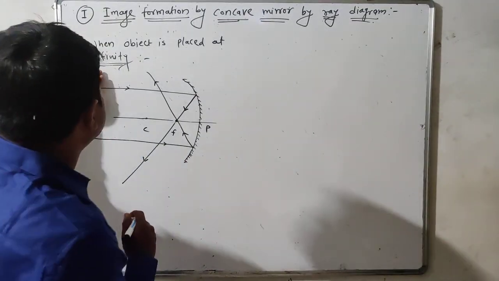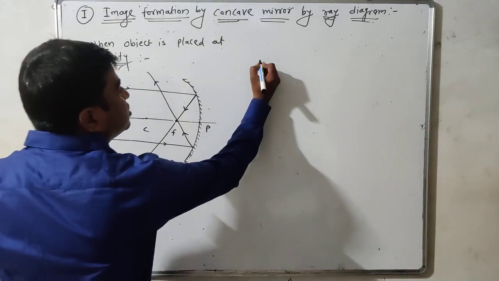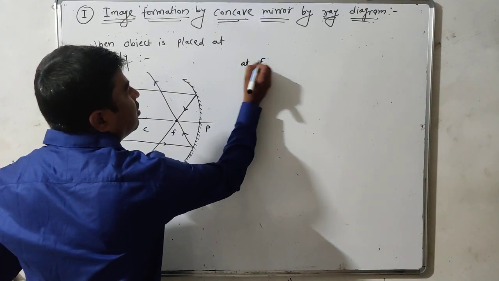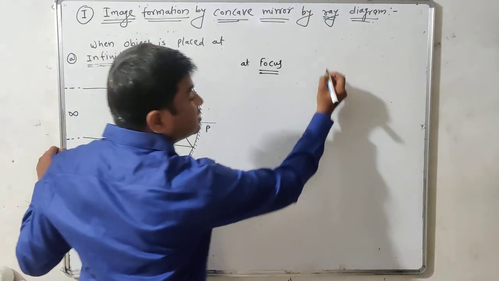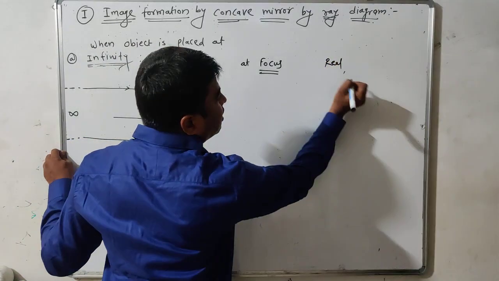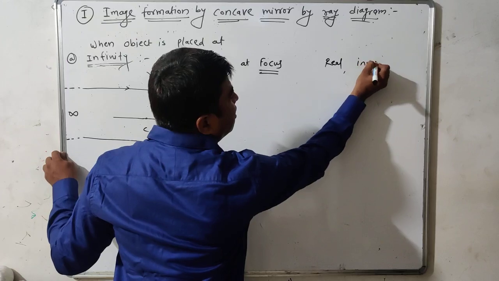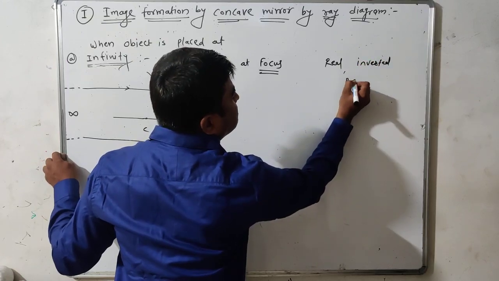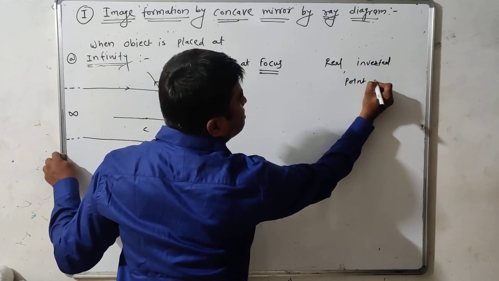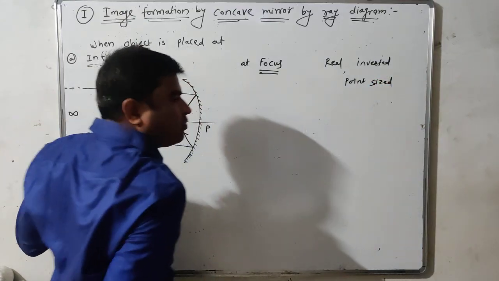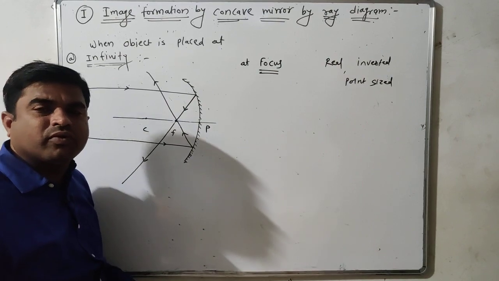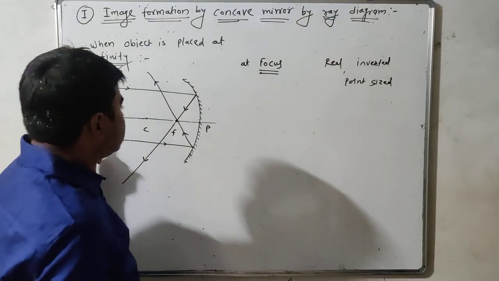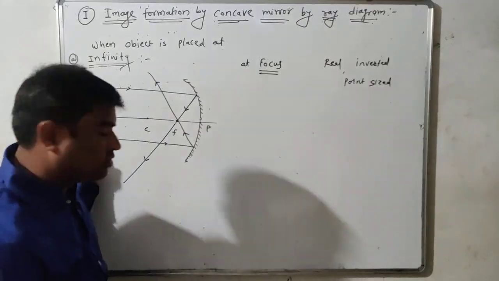Therefore, we can say that if the object is located at infinity, its image will be obtained at where? Focus. Nature of image is real, inverted, and point size, highly diminished, that is point size. Got it? Do you understand? Okay.